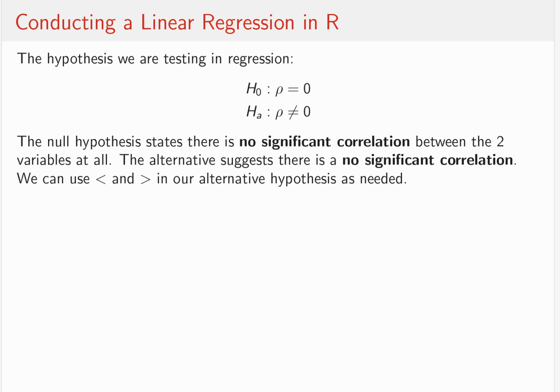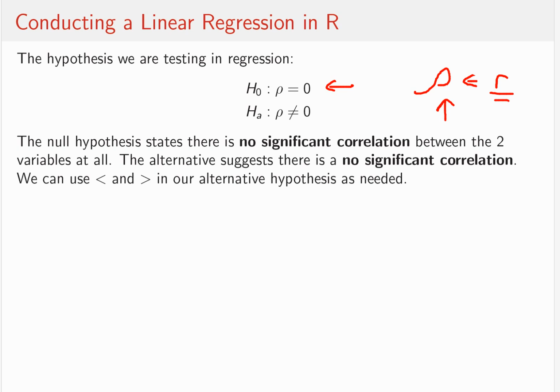So let's do an example. Okay, so our hypothesis, what does this mean? Okay, it means rho, right, is an estimate of r, or r is an estimate of rho, I should say, right? So we calculate the sample statistic r, and we're trying to estimate the parameter rho, or the correlation between the two variables.